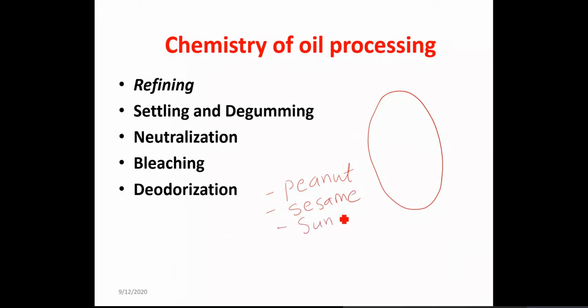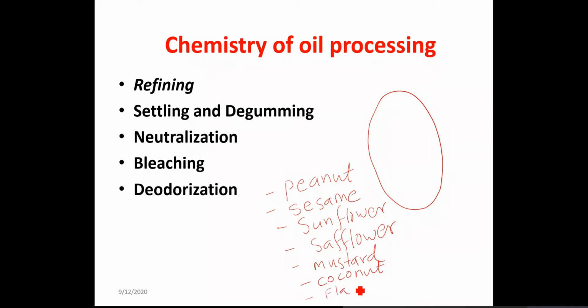Then we have sunflower seeds, from which sunflower oil can be taken out. Then we have safflower seeds, which we call kardi in Marathi, or mustard seeds. Then coconut can also be used.